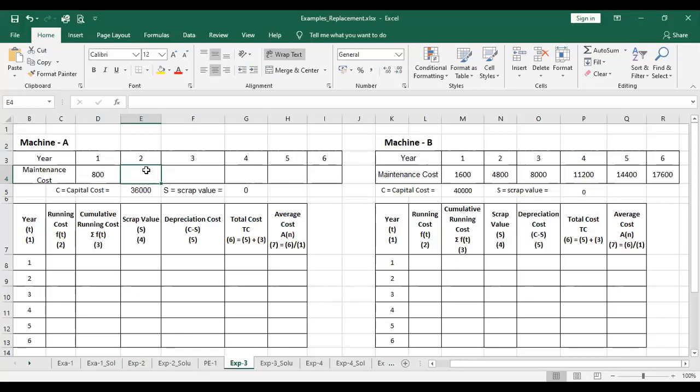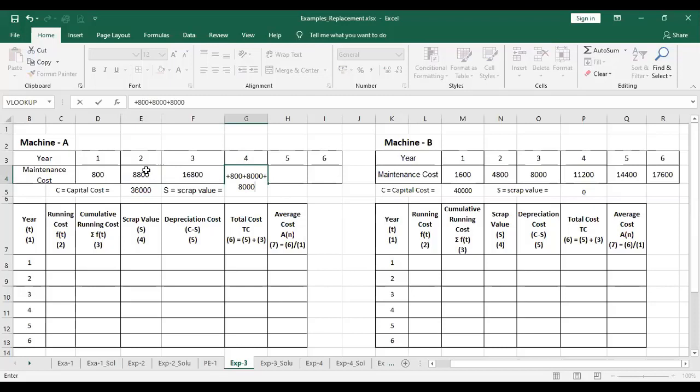Okay. Now for the second year, it is 800 plus 8,000. Okay. So that is that one. Now in this, it is 800 plus 8,000 for the second year and 8,000 for the third year. So it is 16,800 rupees. Now it is 800 for the first year, 8,000 for the second year, 8,000 for the third year, and 8,000 for the fourth year.